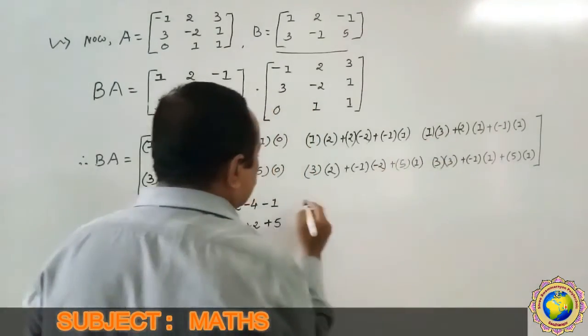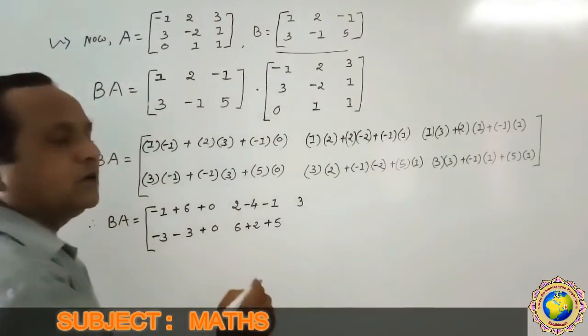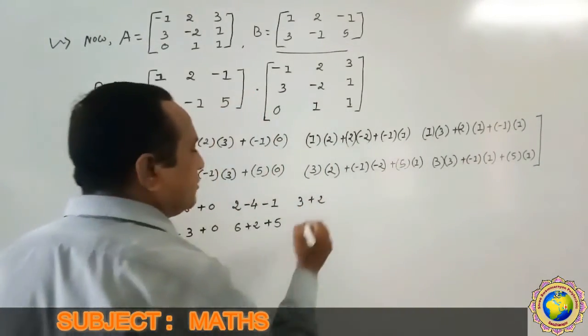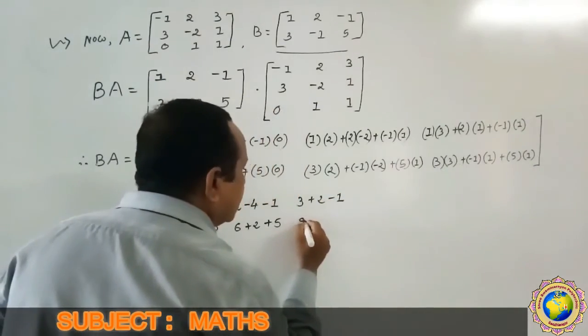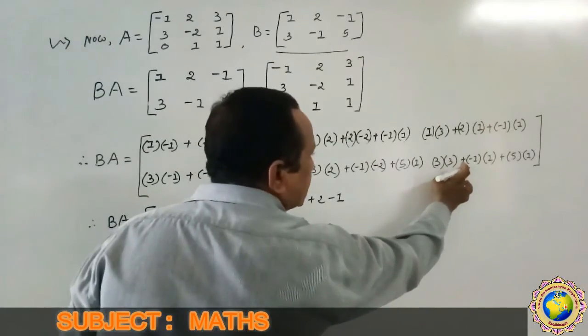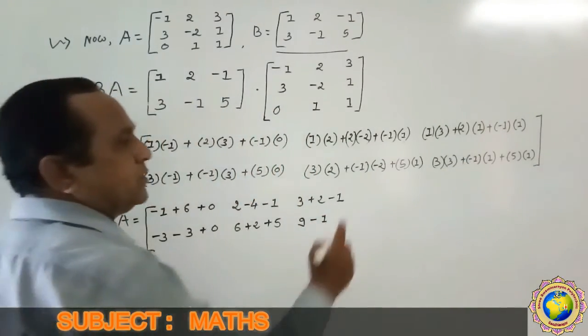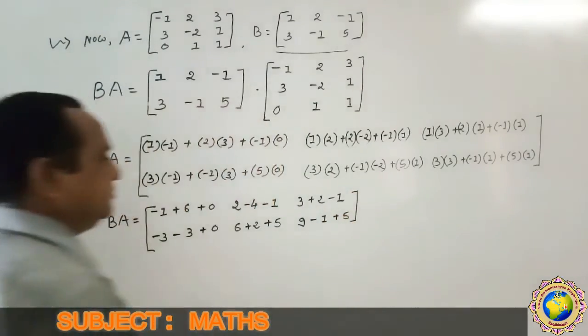Similarly 1 multiplied by 3, that is 3, plus 2 multiplied by 1, that is 2, minus 1 multiplied by 1, that is minus 1. 3 multiplied by 3, 9, plus minus 1, plus 5 multiplied by 1, that is 5.